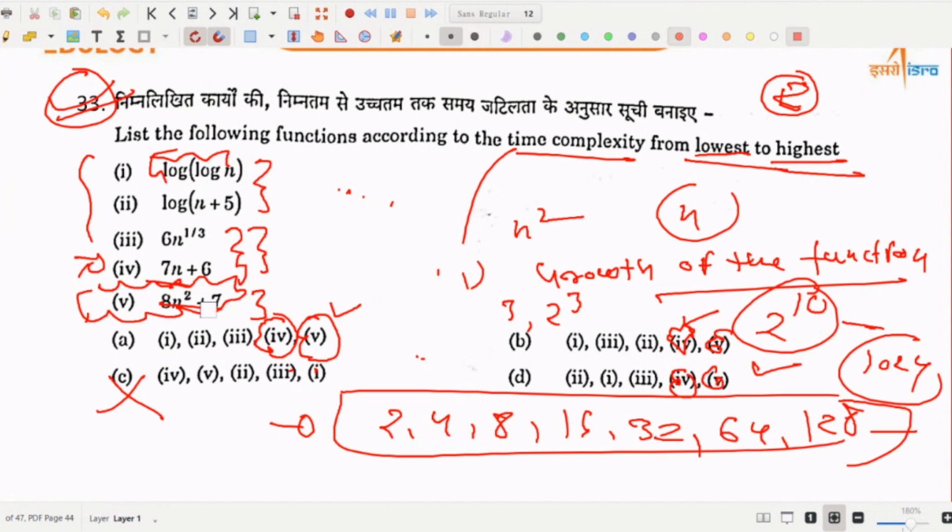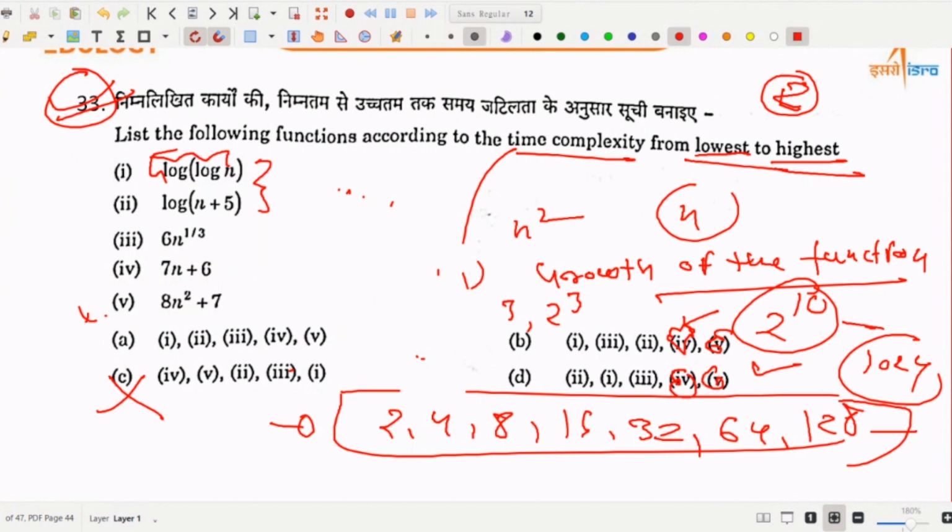Now we need to check the remaining options to get the correct answer. After these two functions, this function will come because it is linear. So this option is eliminated, because they are saying the second function has higher growth than a linear function, which is not possible.